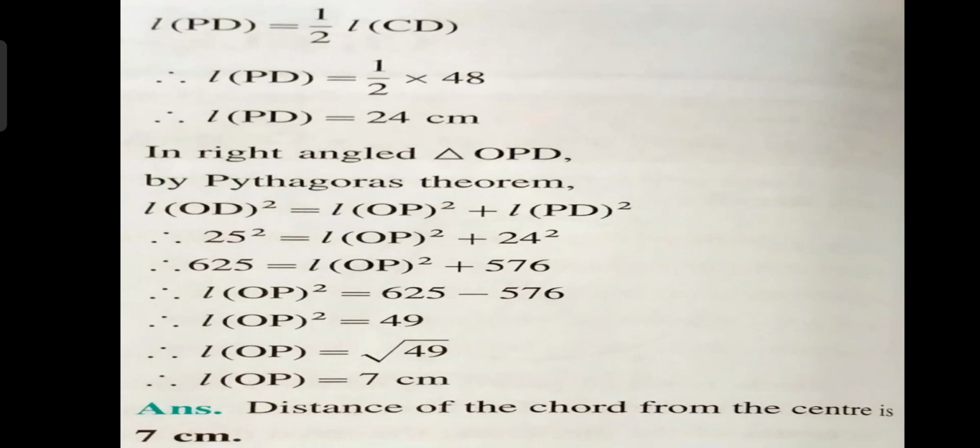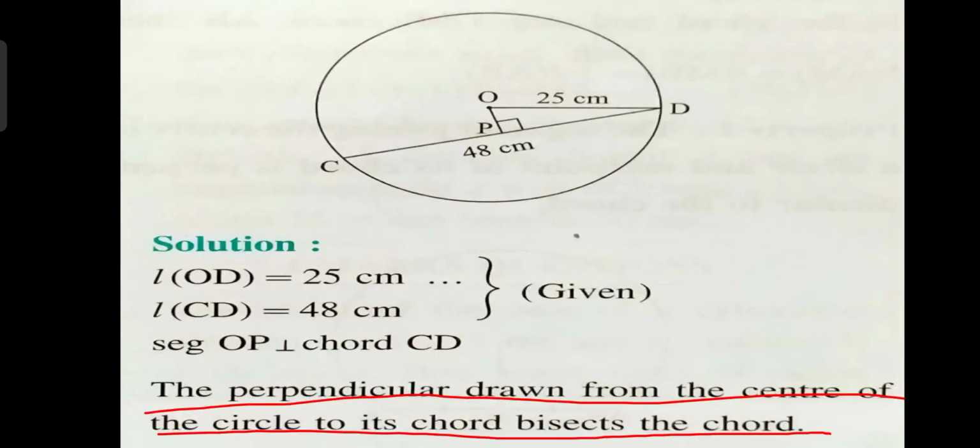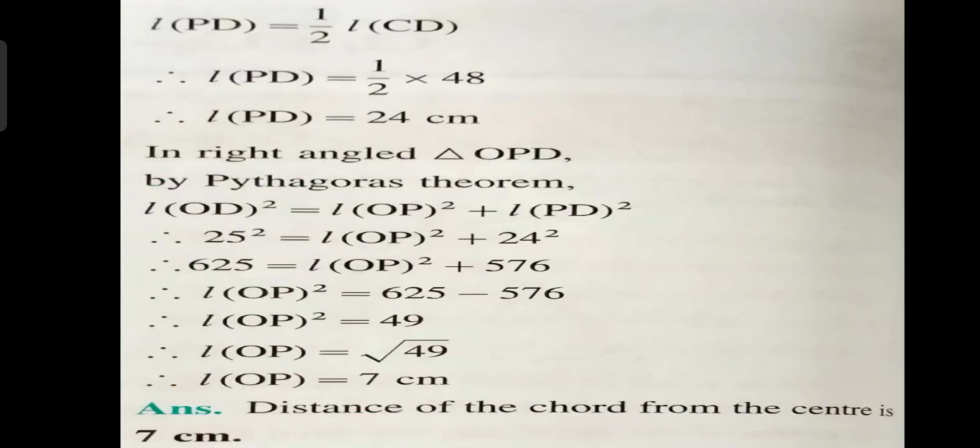In the right angle triangle, if we take the triangle here, this is our triangle OPD. So it's a right angle triangle. So we can use Pythagoras theorem. According to the Pythagoras theorem, the hypotenuse side square is equal to the sum of the squares of the other two sides of the triangle.